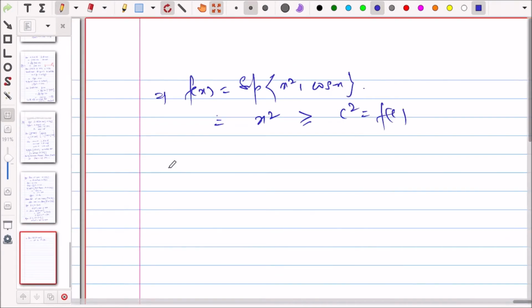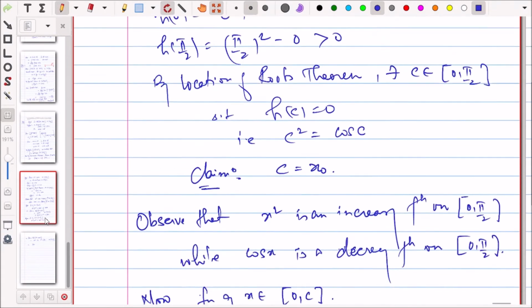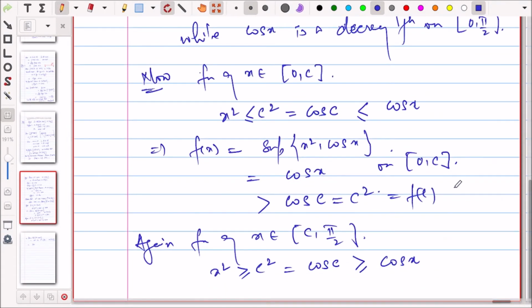So on 0 to c and c to pi by 2, from both the parts, f of x is greater than or equal to f of c, here also we have shown that f of x is greater than or equal to f of c.